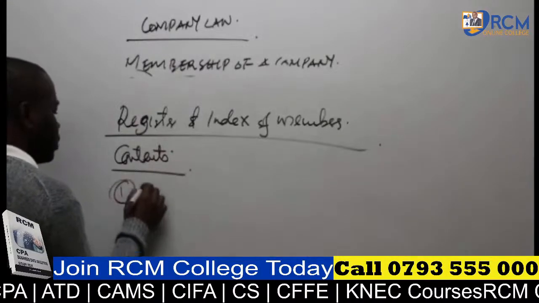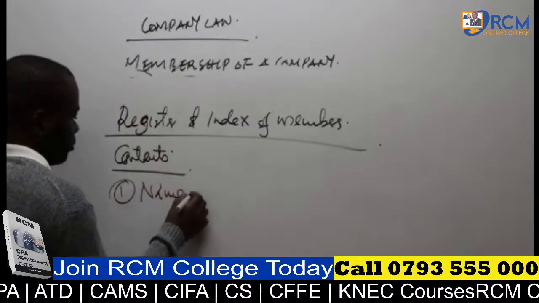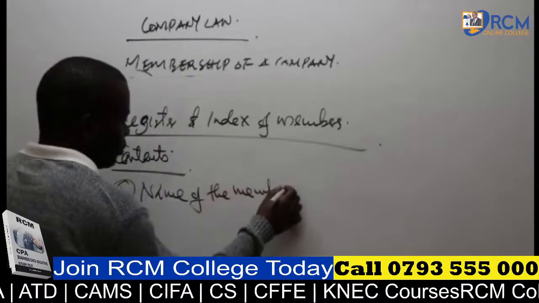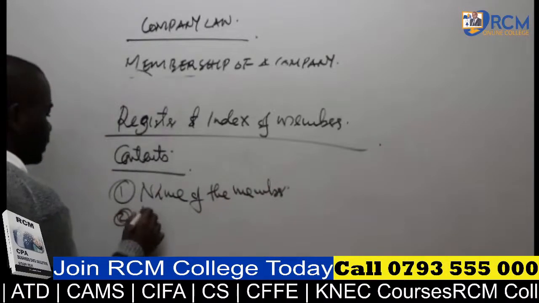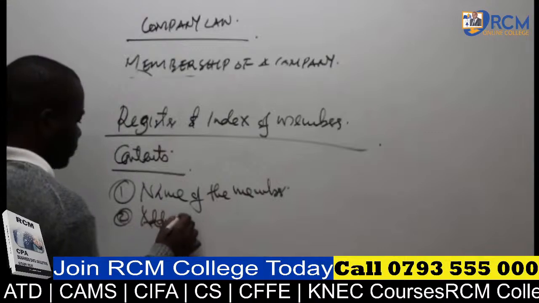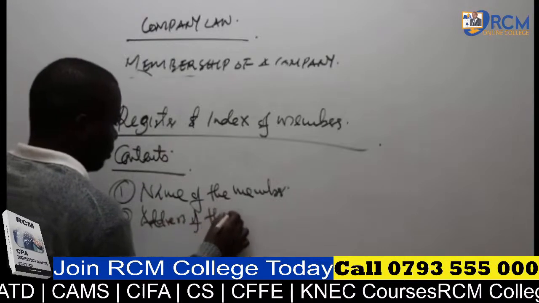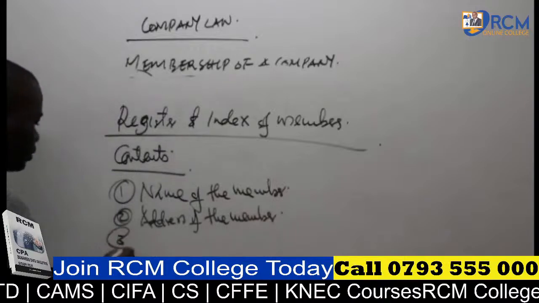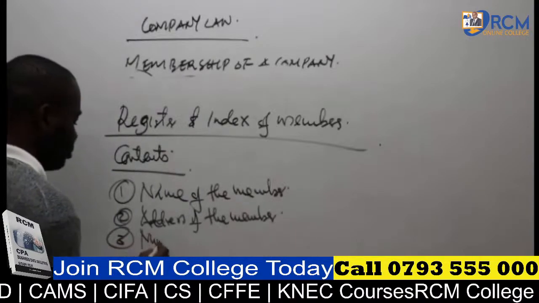It will basically contain things like the name of the member, the address of the member, and the number of shares held by the member.